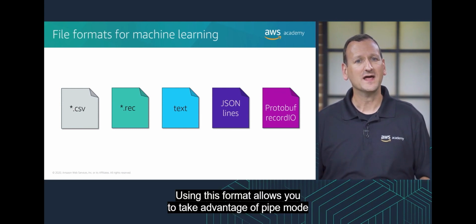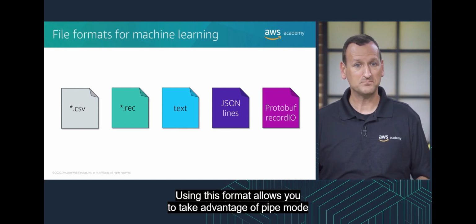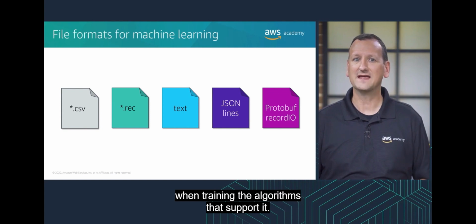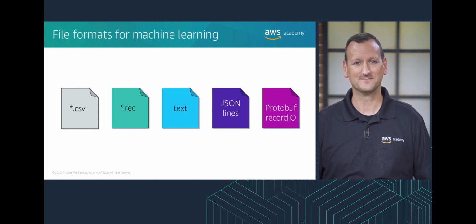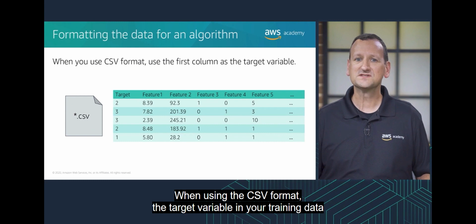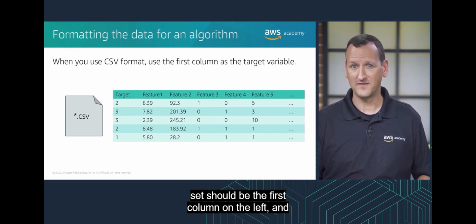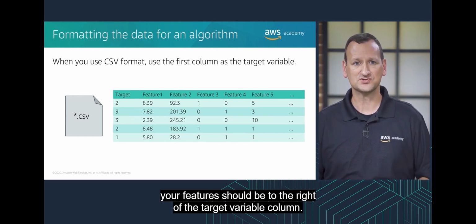Using this format allows you to take advantage of pipe mode when training the algorithms that support it. In pipe mode, your training job streams data directly from Amazon S3. When using the CSV format, the target variable in your training dataset should be the first column on the left, and your features should be to the right of the target variable column.